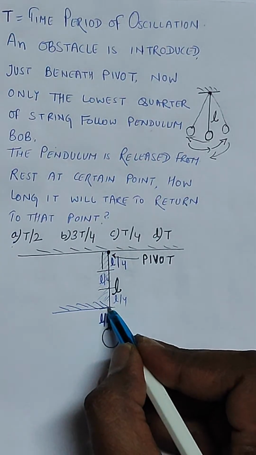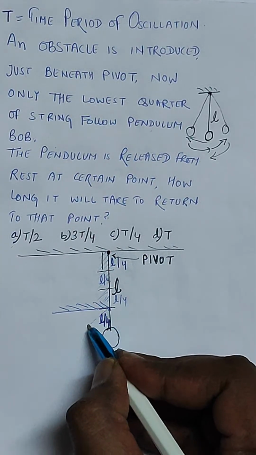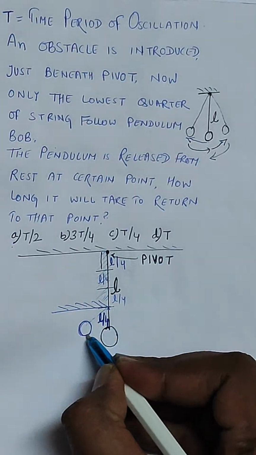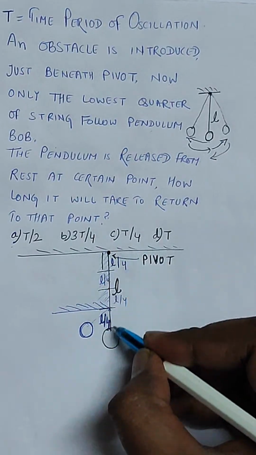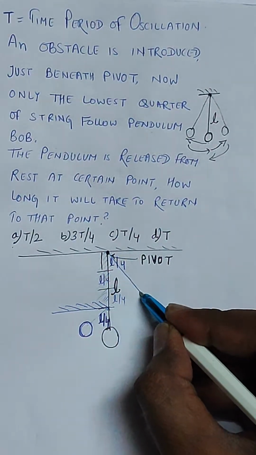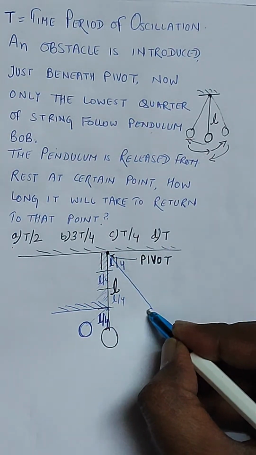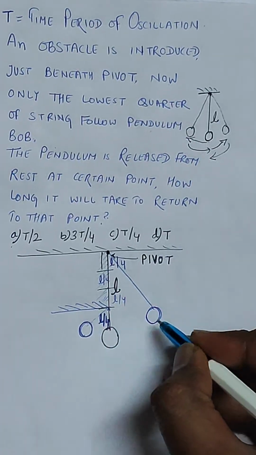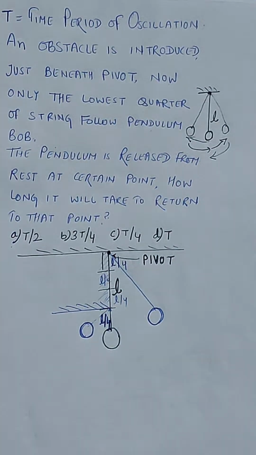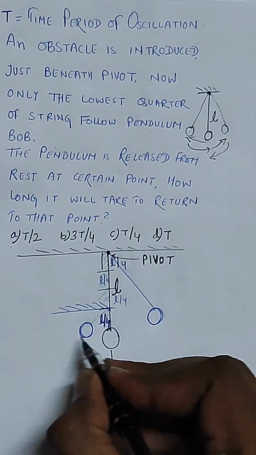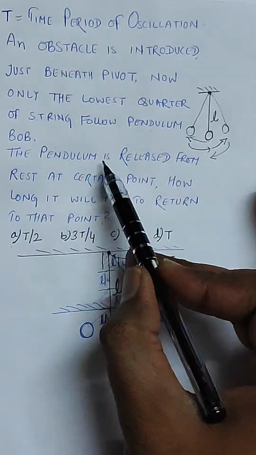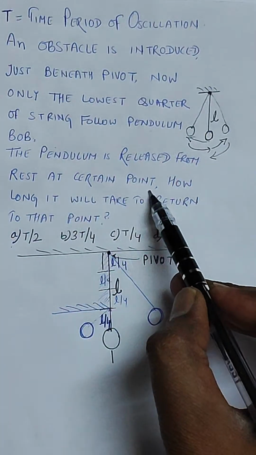So after that it will follow till a certain point over here, and then again with length L it will go to this point. The condition is that the pendulum is released from rest at a certain point.